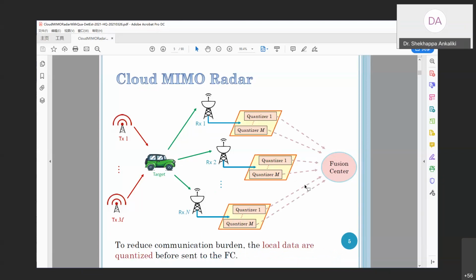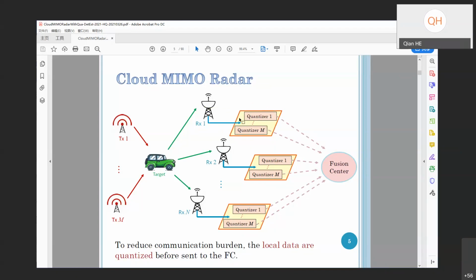To solve the issue, instead of transmitting the raw data, which I think no one will do because we're likely to use a wireless channel, usually we have to quantize the data you received at each local sensor before you send it to the fusion center, right? So for cloud MIMO, the quantization is very important.